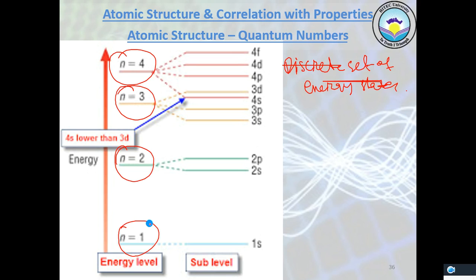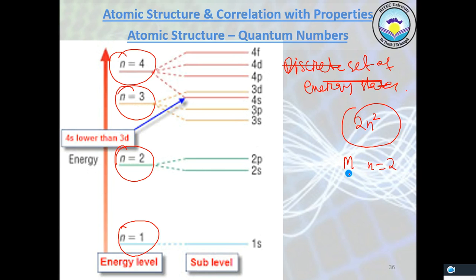So the first principal quantum number will have one subshell, and a maximum of 2 electrons can be sustained in the first shell. The number of electrons that can be sustained within the different principal shells depends upon the shell number. For example, if I am in the K shell, n will be 1. If I am in the L shell, n will be 2.